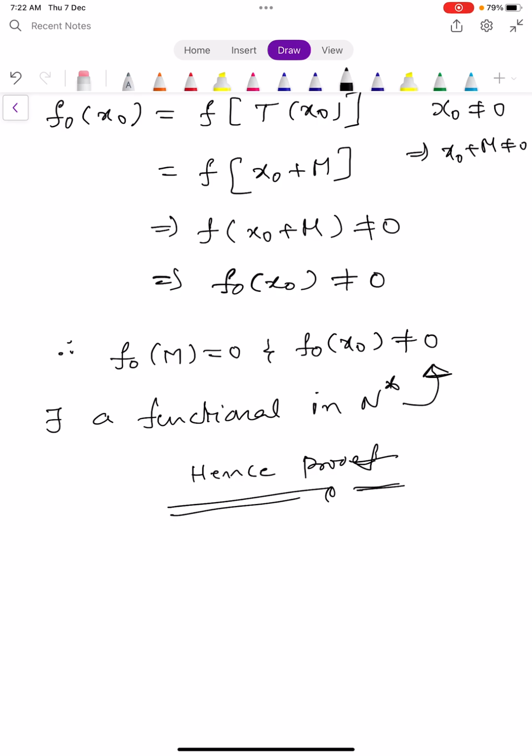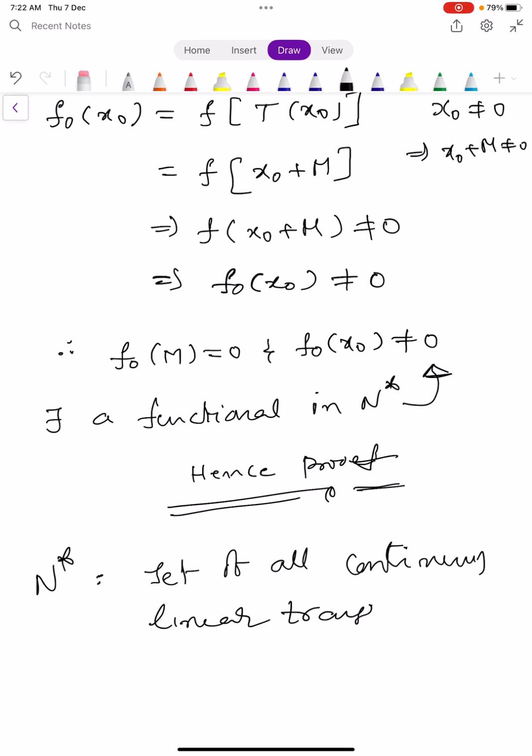So remember that N star is nothing but the set of all continuous linear transformations from capital N into either the real or complex number field.